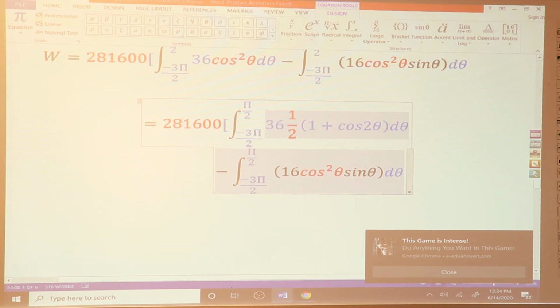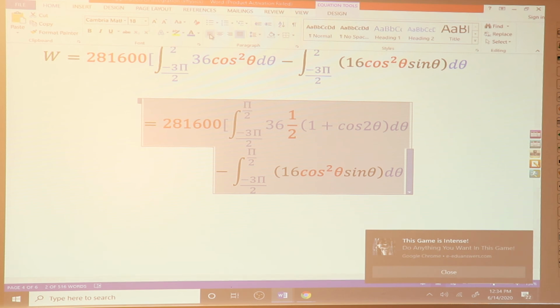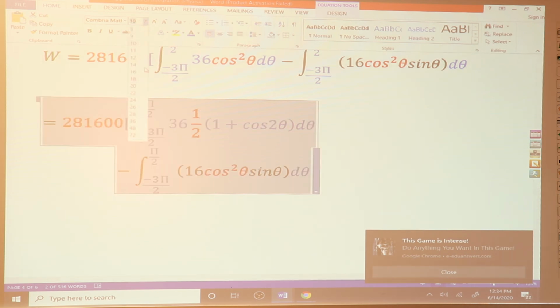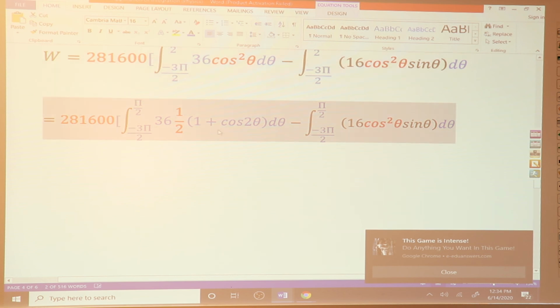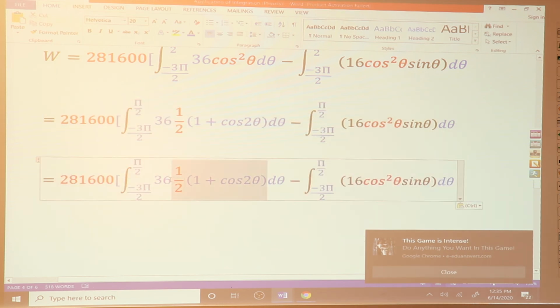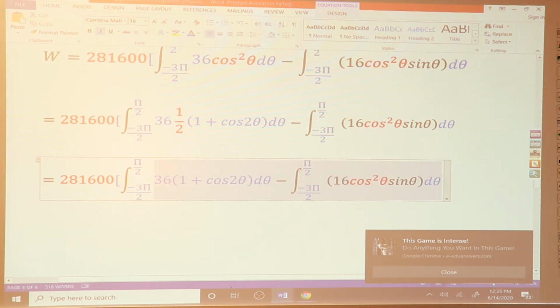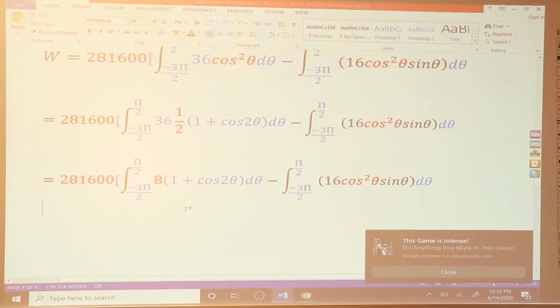And this becomes, let me just minimize it. If you multiply 36 times half, it is 18. This is going to be 18 only, and this is easy to integrate.